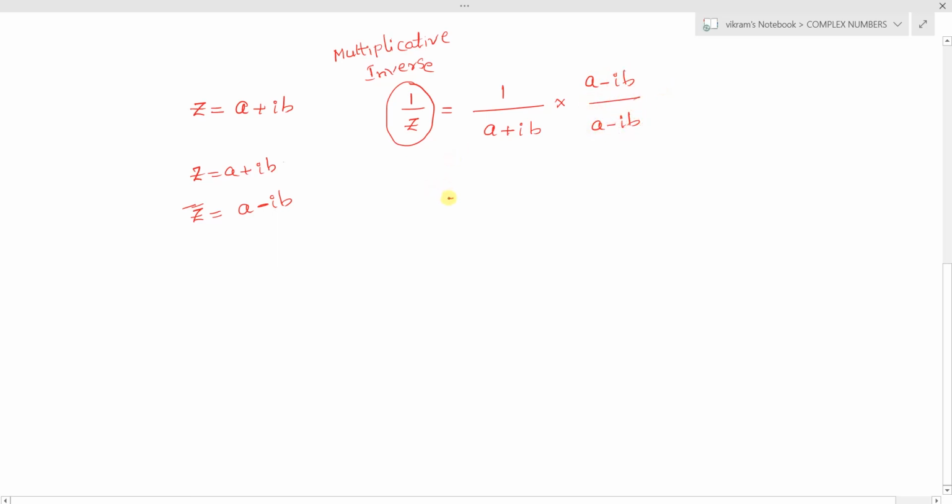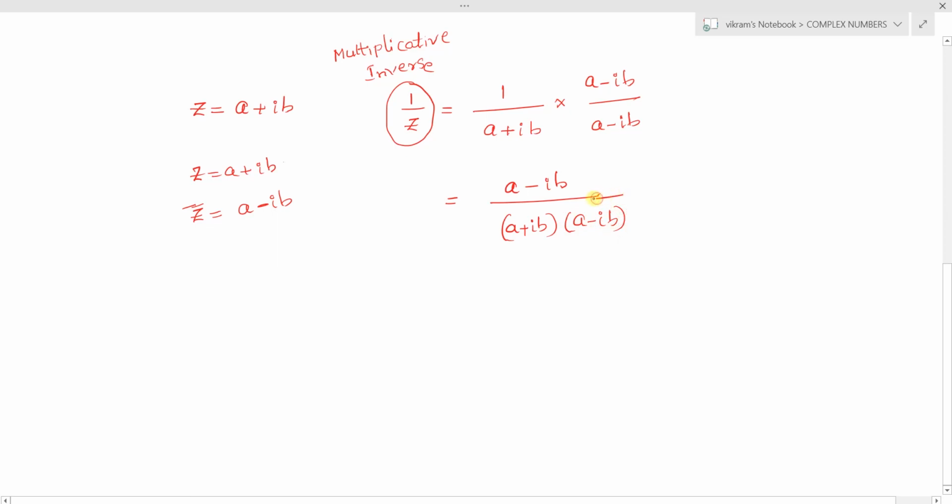Now this equals a minus ib by a plus ib into a minus ib.